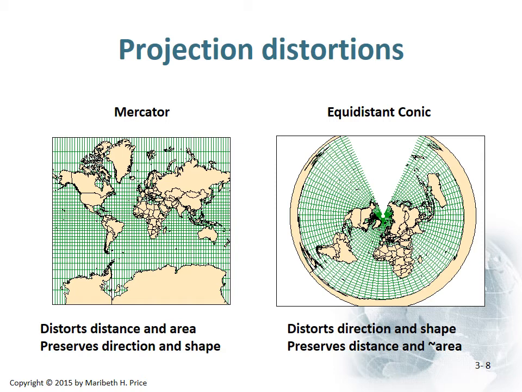Because it's a conic projection, it's going to be focusing in on one continent over the others. In this case, the northern hemisphere, both the continents of North America and Europe and Asia are preserved pretty well. The further you get away from those locations into the southern hemisphere, we see more and more distortion for South America, for Africa, for Australia.